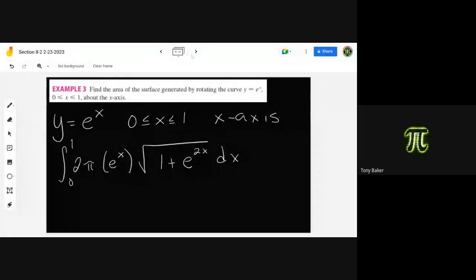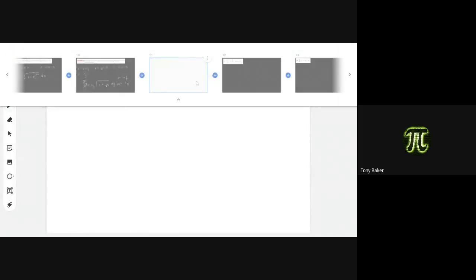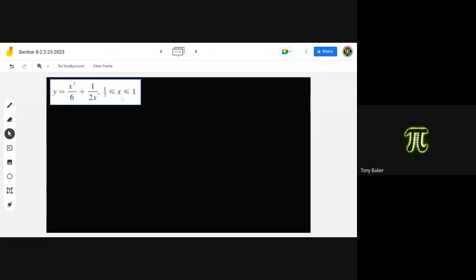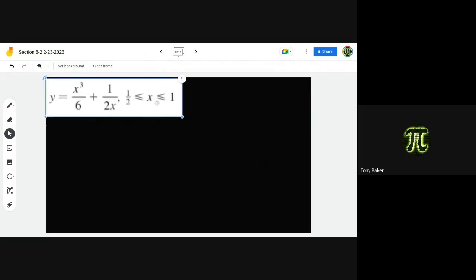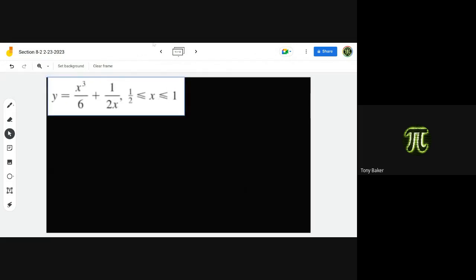All right. Let's now do one that you actually can do. Do this one. So write me my equation first. Start there. No, it's x to the third over 6 plus 1 over 2x. Then it's a comma.